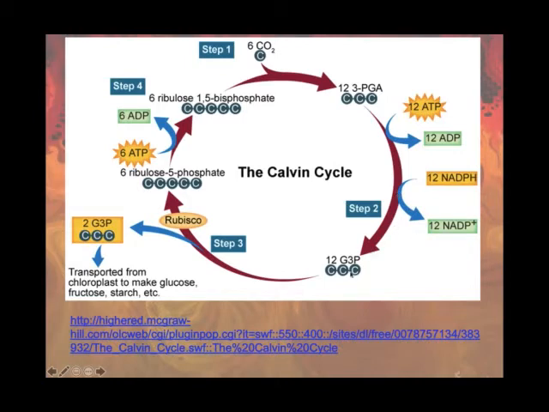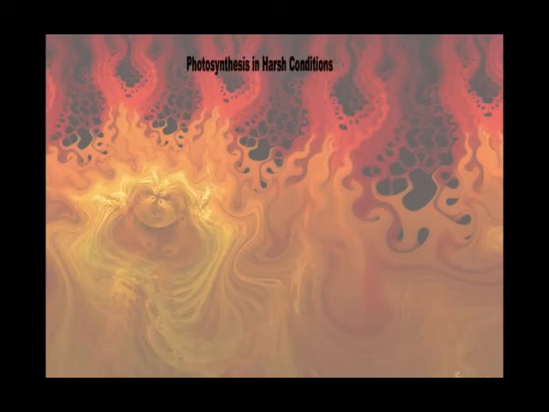And so we end up with 12 3-carbon molecules, most of which go back and make this 5-carbon thing that we're going to need to continue the cycle. But 2 of those 3-carbon molecules end up making glucose, which is a big yay in this whole thing, because that's what we want to do to start with.